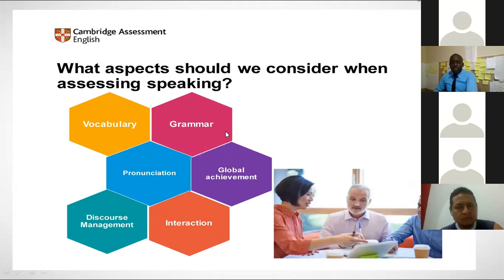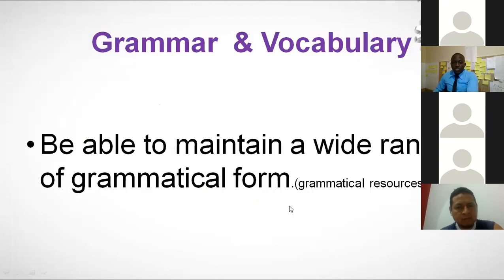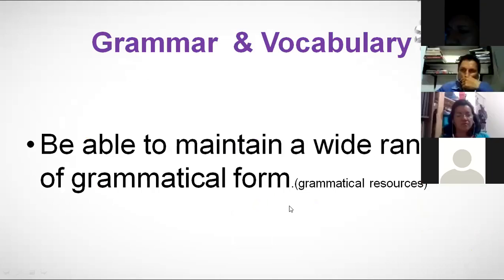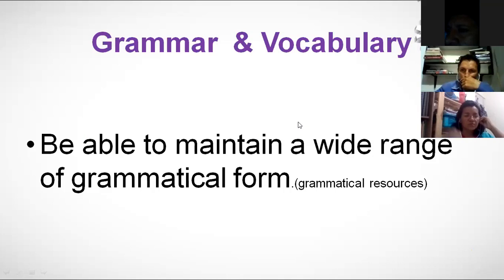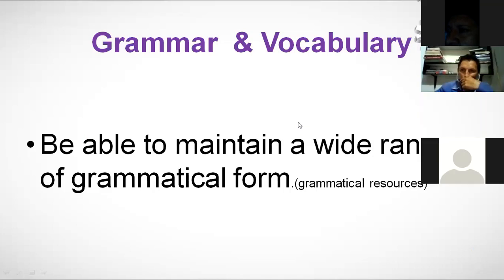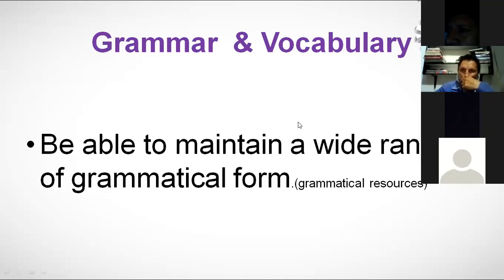Let's go through them very quickly so that those who are not around can get a chance of knowing what to do. The first part we looked at was grammar and vocabulary. What is it supposed to be? Be able to maintain a wide range of grammatical forms. And when we are talking of grammatical forms, we are looking at all the tenses. Be able to use your tenses very well. Then 2.